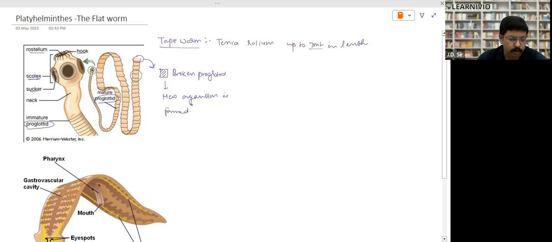And one more thing about this tapeworm, Taenia solium, I have told you by the way, but I don't think you might remember. What kind of respiration do they have? Tell me. I have told you already. Check it in the respiratory system. It is there, I have written it in that chapter.